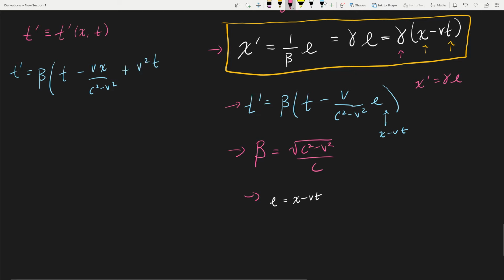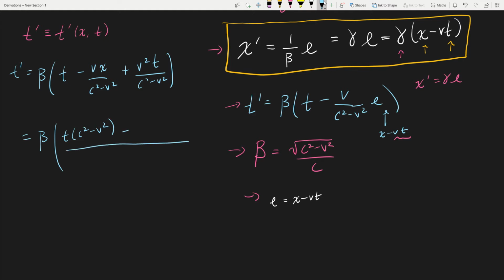So it's clear, I just put in this guy, and then over c squared minus v squared. I'm going to get this whole thing under the same denominator. So we're going to do t times (c squared minus v squared), all over the same thing, minus vx plus v squared t, all over c squared minus v squared.